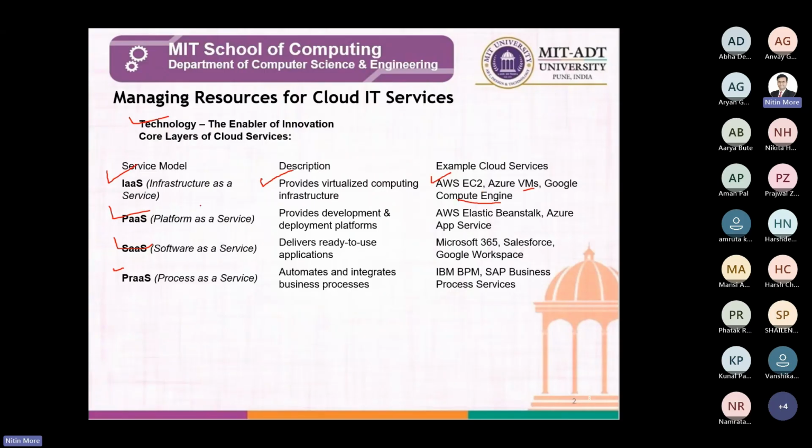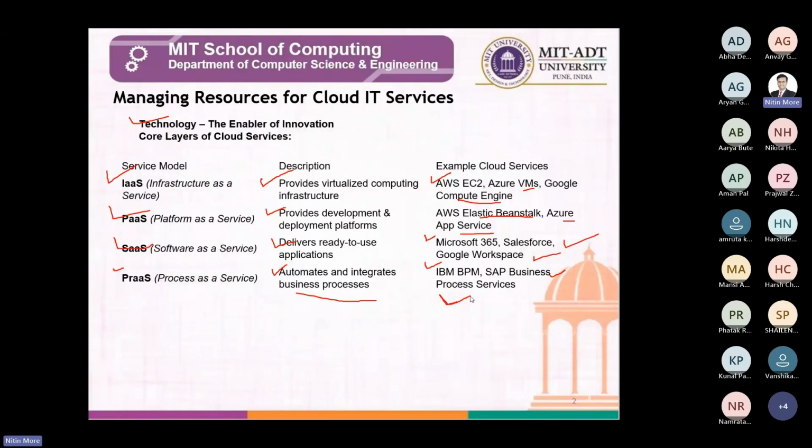For platform as a service, providing a development and deployment platform, we can have Elastic Beanstalk or Azure App Service or Google App Engine. In software as a service, we have ready-to-use applications like Microsoft 365, Salesforce, or Google Workspace, a combination of productivity software for the office. Or process as a service, which automates and integrates business processes. So we have IBM BPM, SAP Business, which mostly deal with the business processes and processing the services.